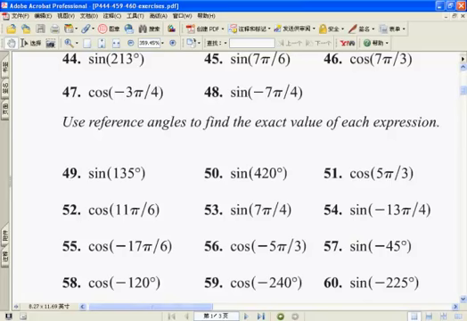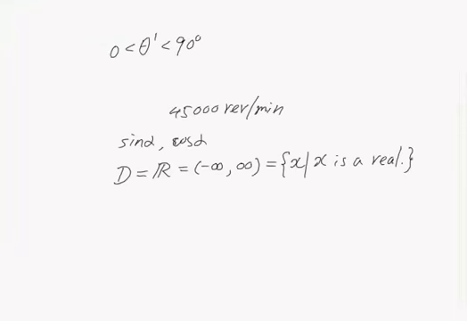Now let's come back to the whiteboard. So it's page 444, problem 50, and we need to find the value of sine of 420 degrees.